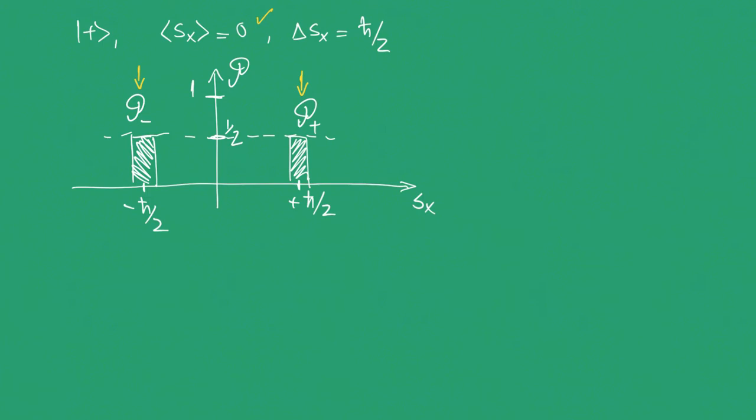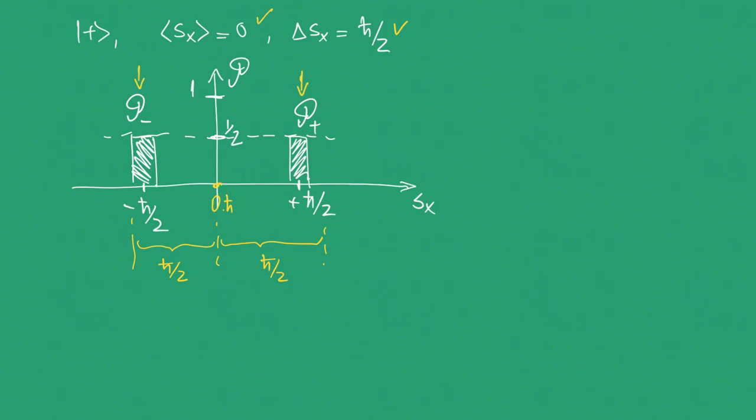Therefore, the expectation value is 0 because it is the average between these two values. And at the same time, the uncertainty is h bar over 2, which makes sense because each measurement deviates from the expectation value by the same amount, h bar over 2.